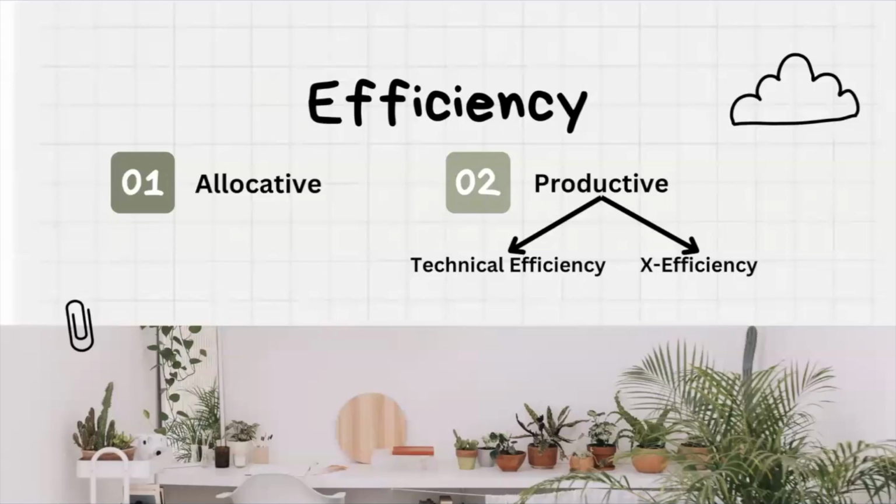There will be one ATC curve that represents the ATC right now, and another one that is the lowest possible ATC curve. If the market was more competitive, it will be lower. And the difference of these two curves is X inefficiency. So how inefficient it is to be less competitive.